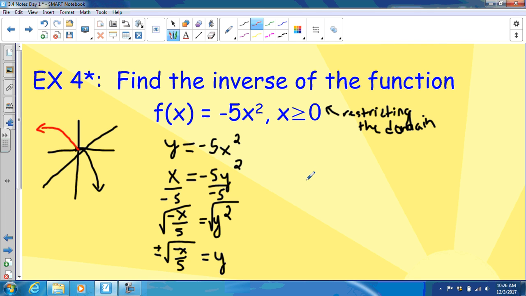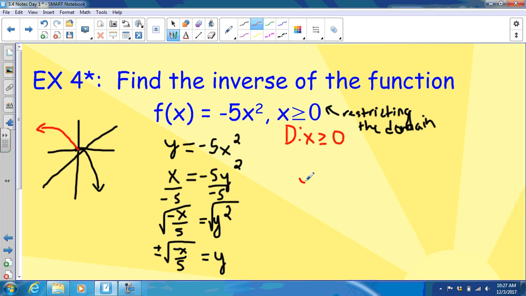Now, we know for our function that our domain, just rewriting it, is x values greater than or equal to 0. Whenever you find the inverse and switch your x and y variables, you also switch the domain and range. I'll write that down here.